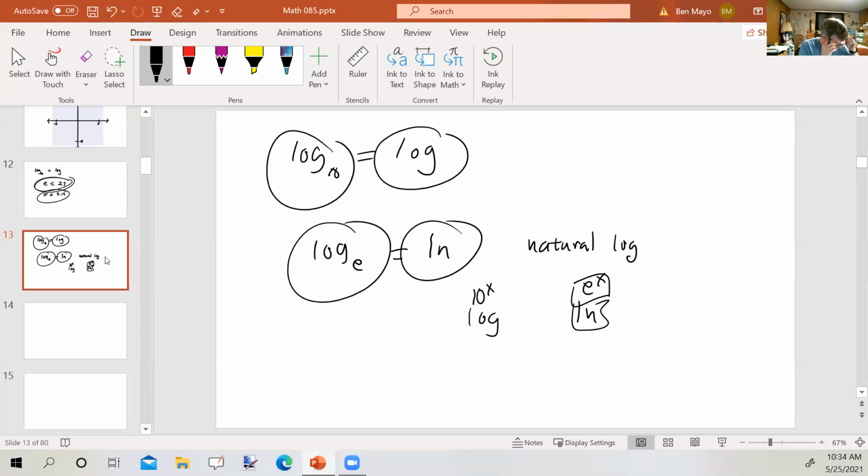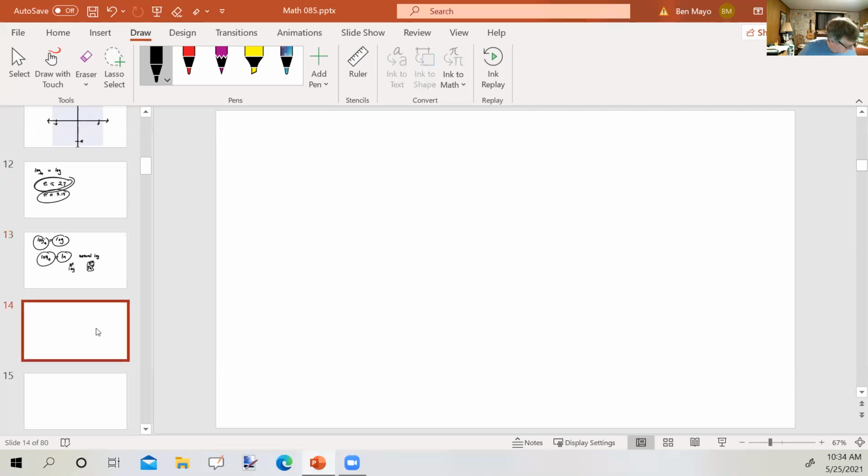All right, now let's take a look at some problems involving base e. Let's start out with this. It says find A using the formula A equals P e to the rt power, given the following values of P, r, and t, and round to the nearest hundredth.